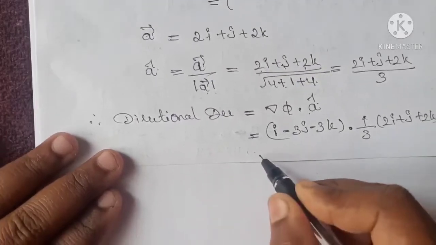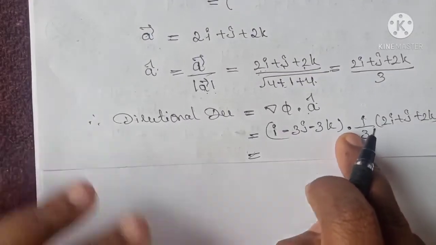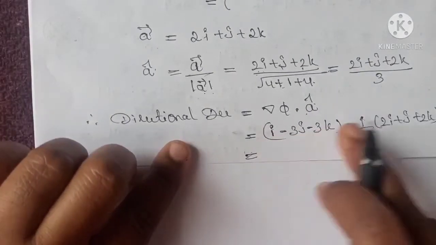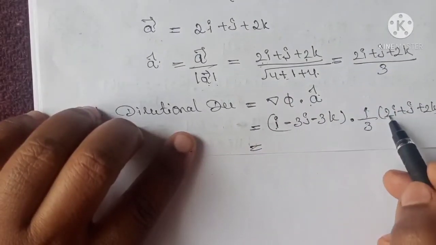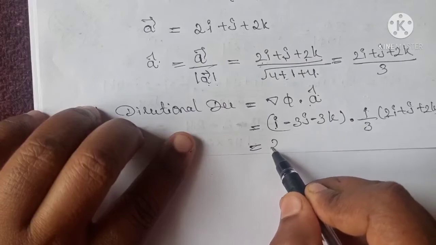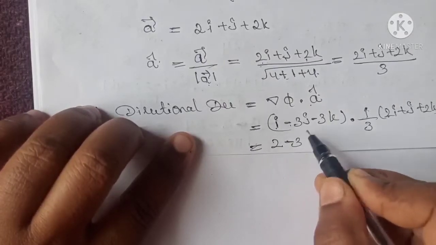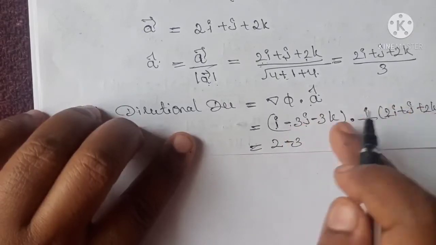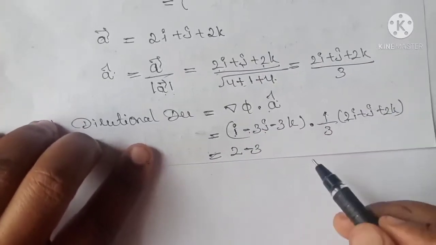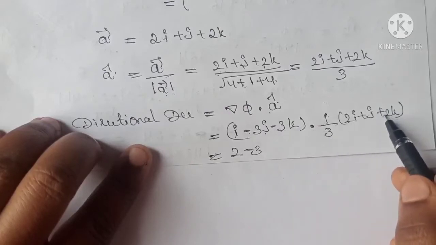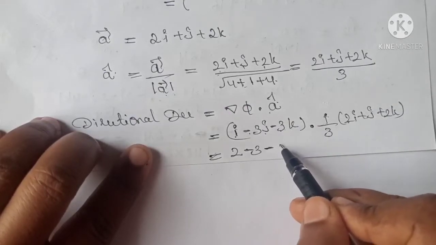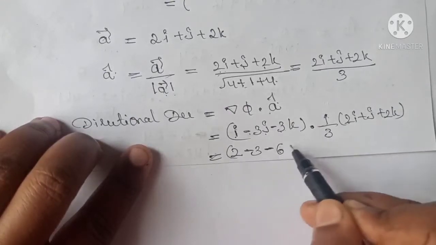Now applying the dot operator, multiplying the i components, 2 into 1 is 2. Then -3 into 1 is -3. Then the k components: here -3 and here 2, 2 into -3 is -6, divided by 3.